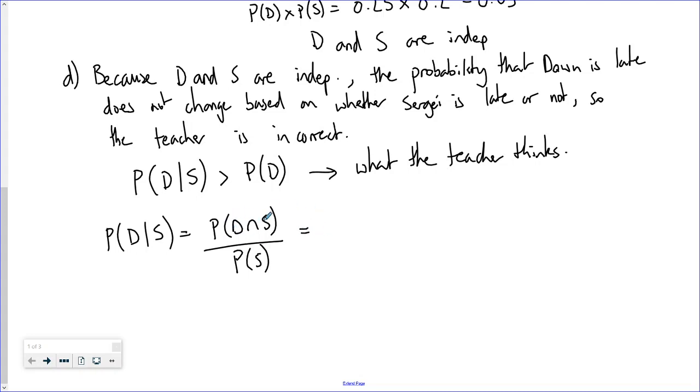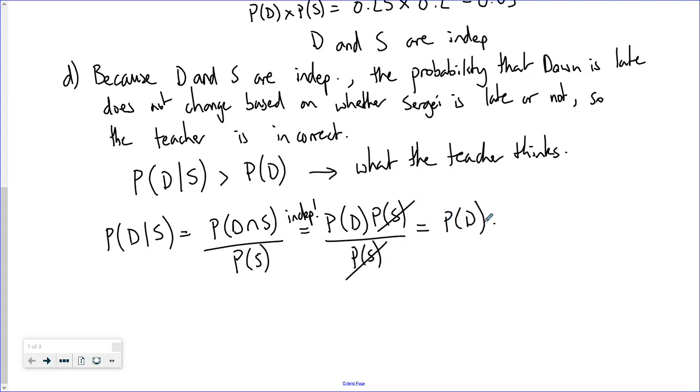Now, because we know D and S are independent, we know that the probability of Dawn and Sergey being late is the probability of Dawn being late times the probability of Sergey being late, because of independence. And we've still got the probability of S on the bottom. So we can cancel those probabilities and we just end up with the probability of Dawn being late.